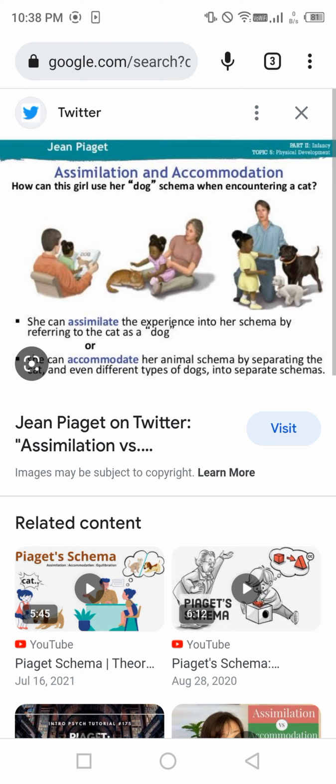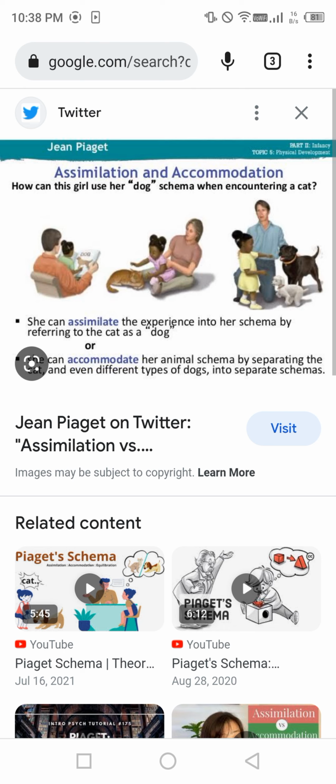Actually, what they want to say is that a girl kid knows about the dog, but she never saw a cat before. Let's assume that. The previous animal, the dog, in her mind is the schema, because it's already in her mind. Now she can assimilate the experience into her schema by referring to the cat as a dog.